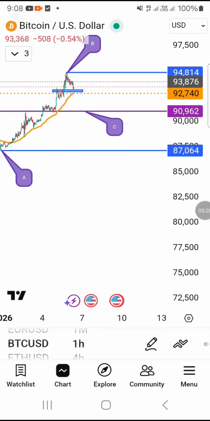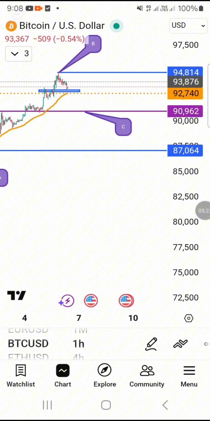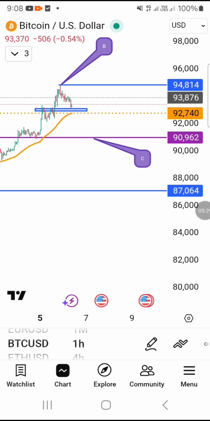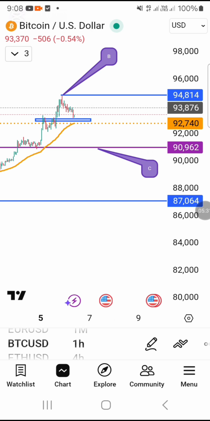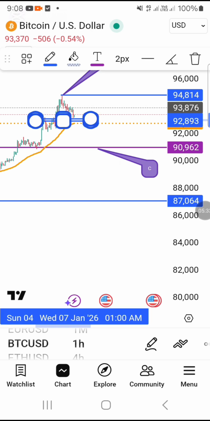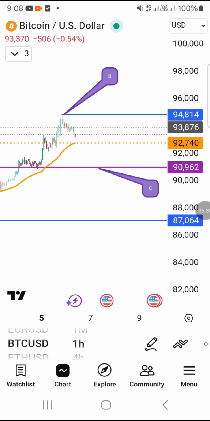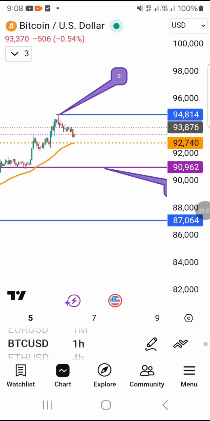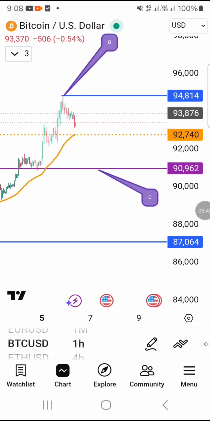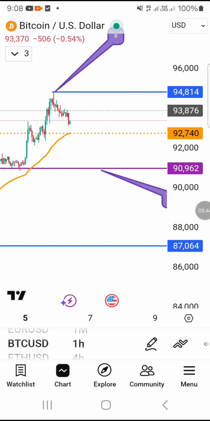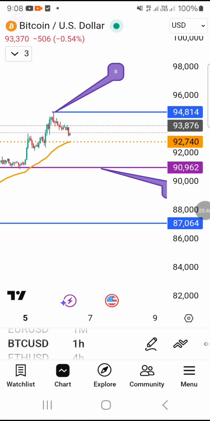Now looking at the market, we see that the market is sitting above point C, which is the pivot point, which is the meeting point between B and A, right? So I'm going to get the difference between B and C. The difference between B and C is going to tell me where the market is heading to, and is going to tell me the position that I will enter my market.